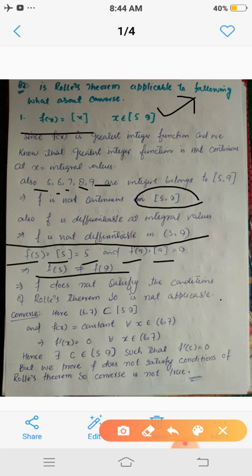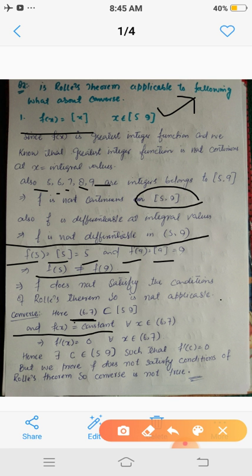Now what about the converse? Here the interval 5, 9 contains an open interval 6, 7. This open interval 6, 7 does not contain any integer, which implies that everywhere f of x is constant.